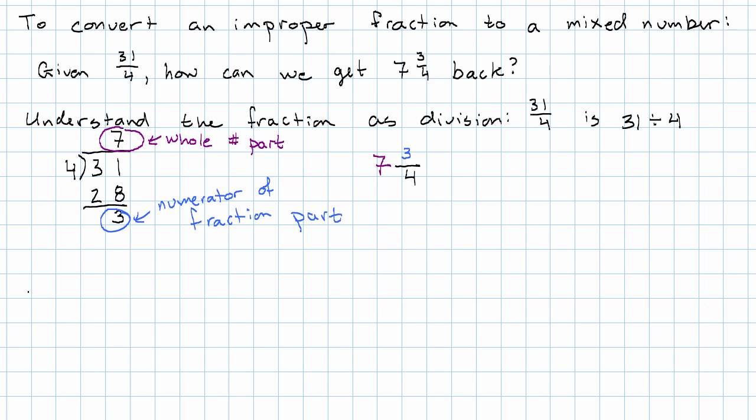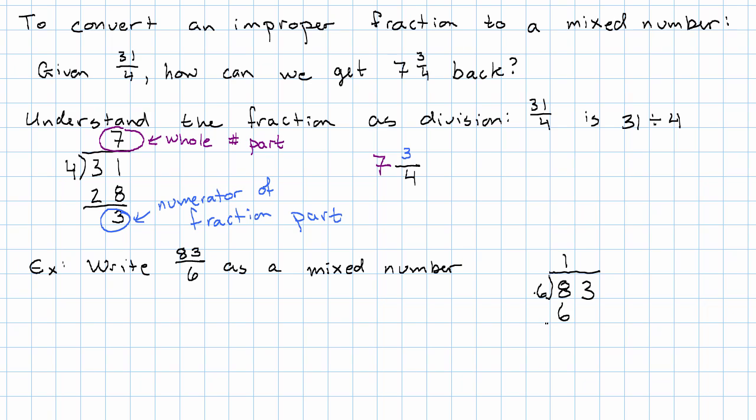Another example, just so we can see one where we don't already know the answer. To write 83/6 as a mixed number, we'll divide 6 into 83. 6 goes into 8 once. 6 goes into 23 3 times, because 3 times 6 is 18. 5 left over.